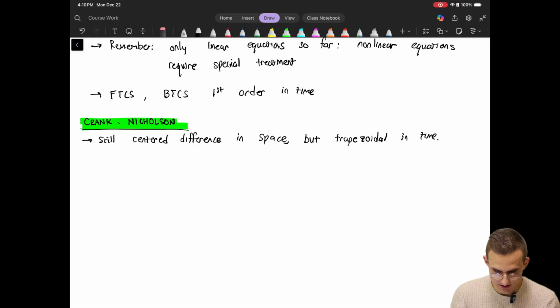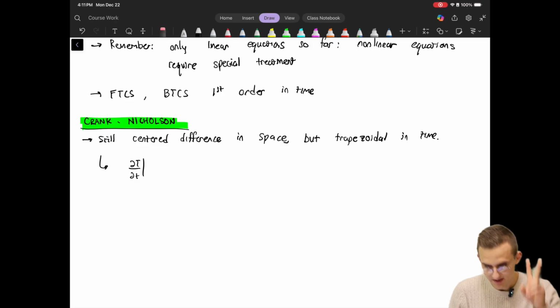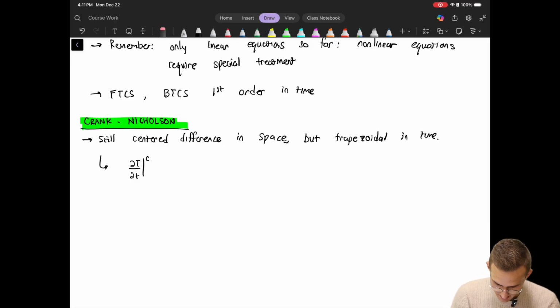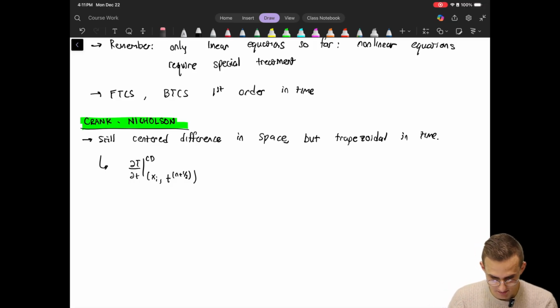Okay, and so the way we label this, because we're dealing with the trapezoidal method, is we say the partial derivative with respect to time of the temperature is evaluated using center difference in time, right? At the grid point xi and t n plus 1/2. So we're imagining that there's some imaginary grid point in between our two actual grid points, and that's the center, and then we're using a center difference operator on the time side.